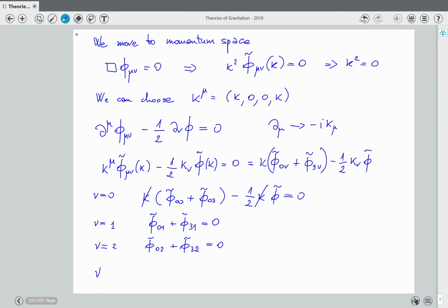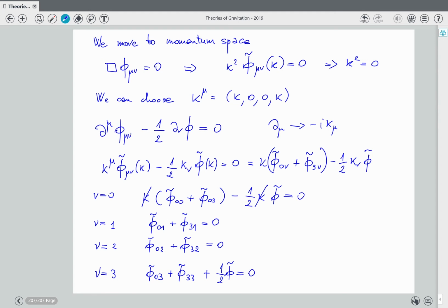For nu equal 3, you have k, we can drop it because we know it will disappear. Phi tilde 0 3 plus phi tilde 3 3 minus 1/2. The sign will not be important, but let's pay attention to it because even if we make a mistake here, the result will be the same. This is k3. We're lowering this, so it's minus, which means that you have plus phi tilde equals 0.